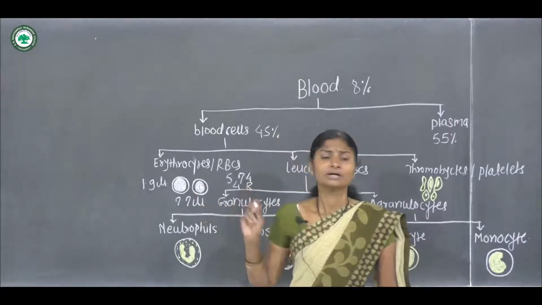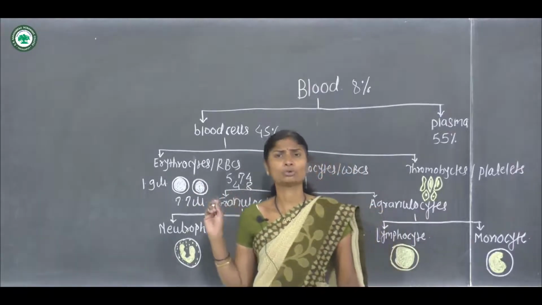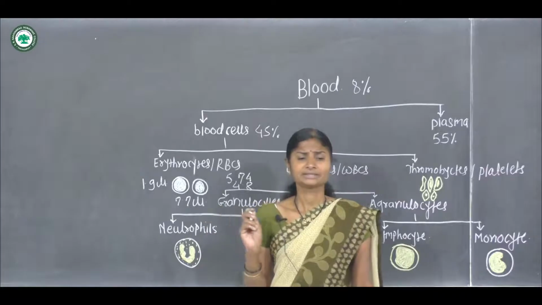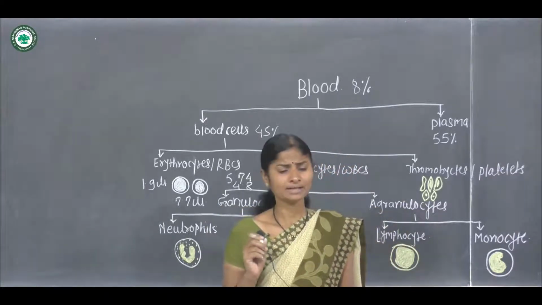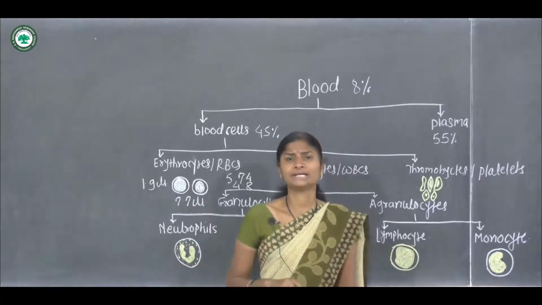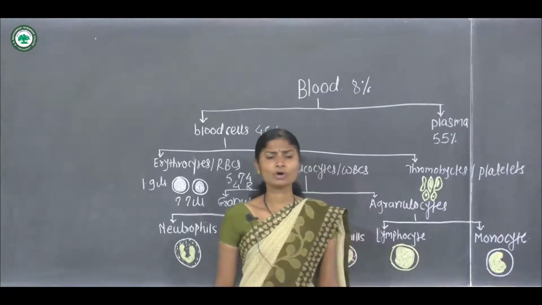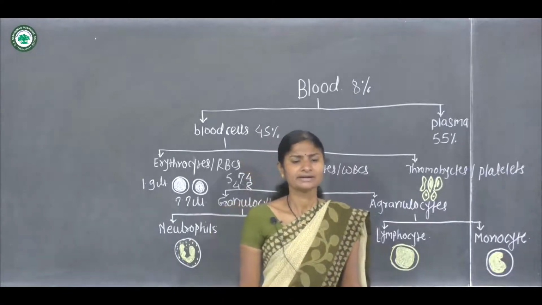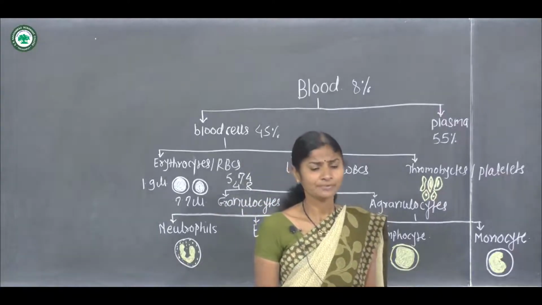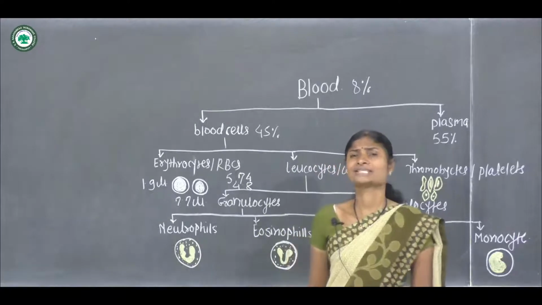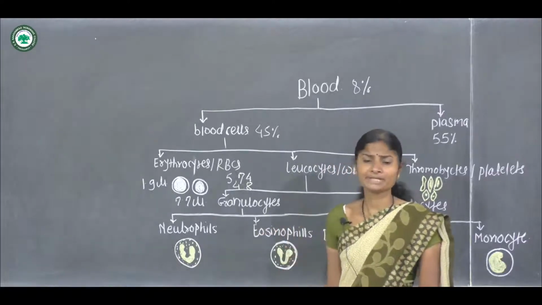Erythrocytes have no nucleus, except in the camel, which shows nucleated erythrocytes. The cell wall is elastic and cells can change their shape, bending while passing through the narrow capillaries.